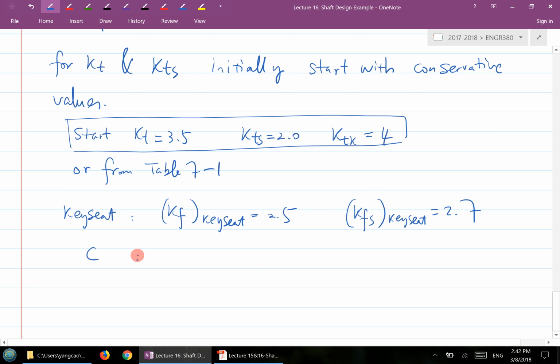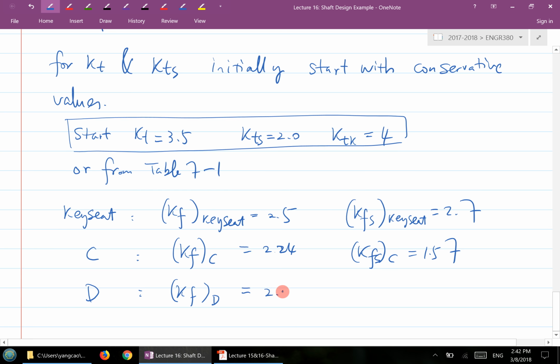For the C location, the KF is 2.24 and the KFS is 1.57, and for the D location we get the same numbers as the C location. So that gives you the starting point.